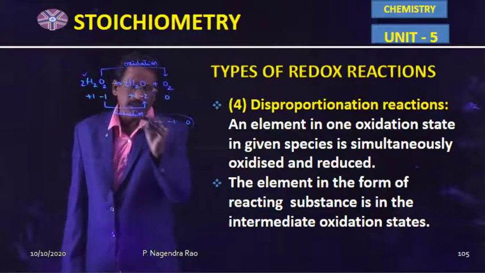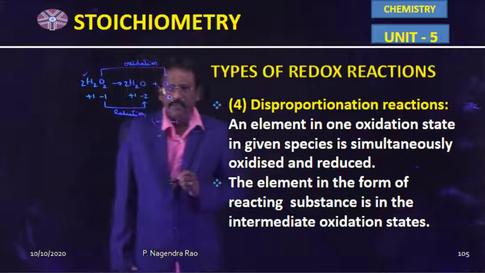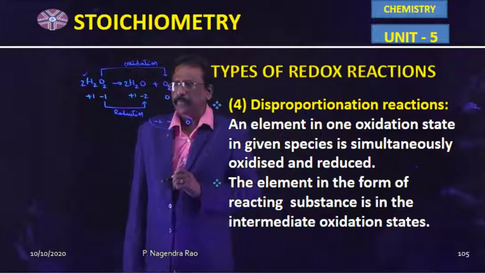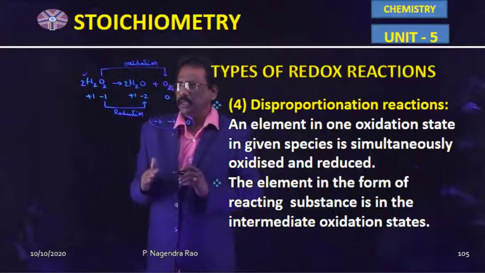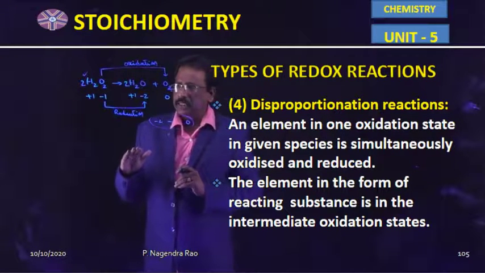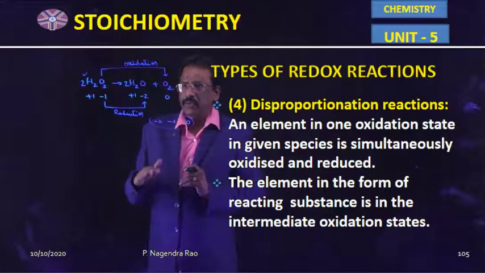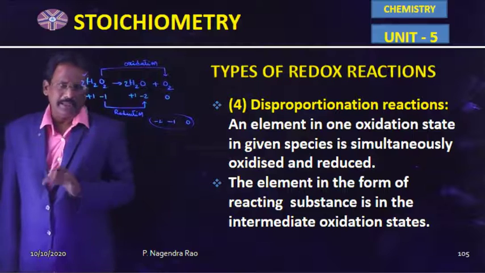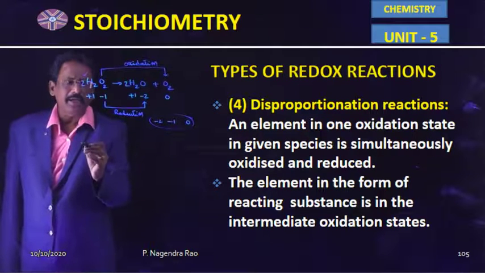So this oxidation state is intermediate between 0 and minus 2. So in this example, there is only one reacting substance, and that substance itself is involved in both oxidation and reduction simultaneously.